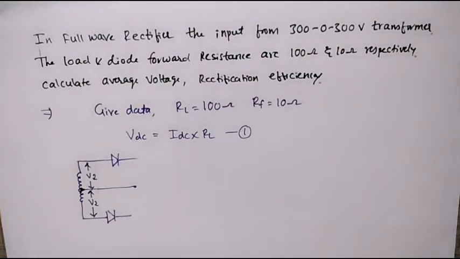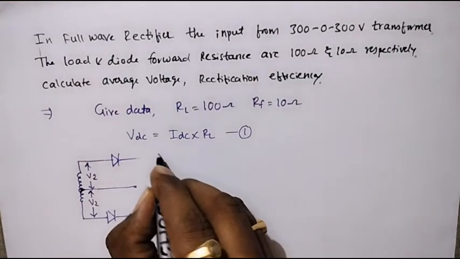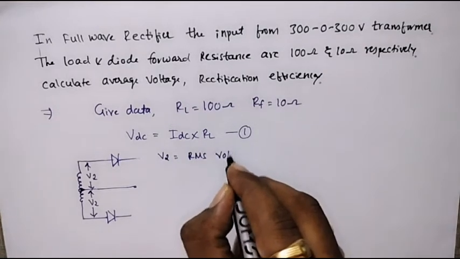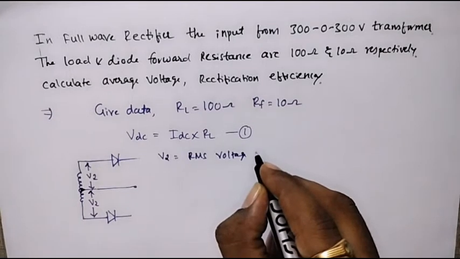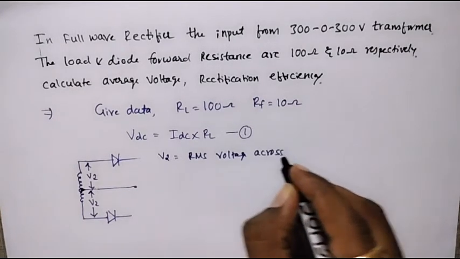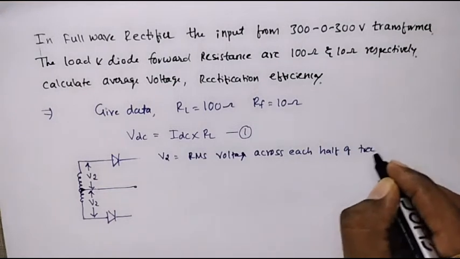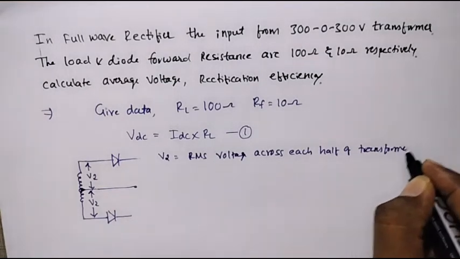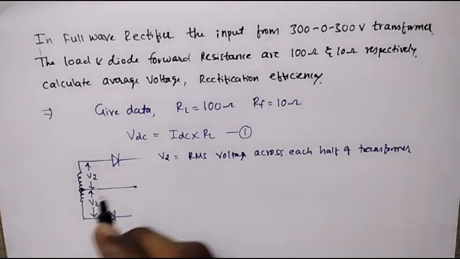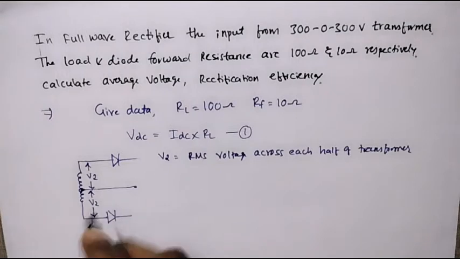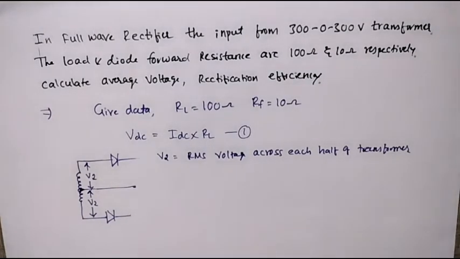Here V2 is the RMS voltage across each half of the transformer. It means that here the given 300, 0, 300 is usually the RMS value.